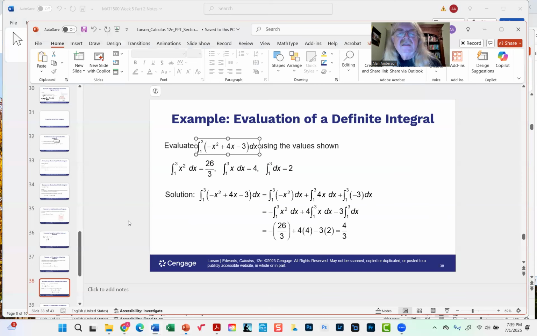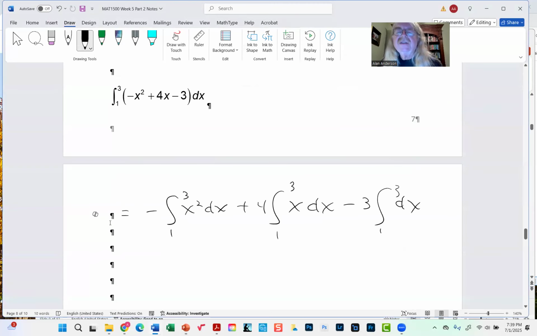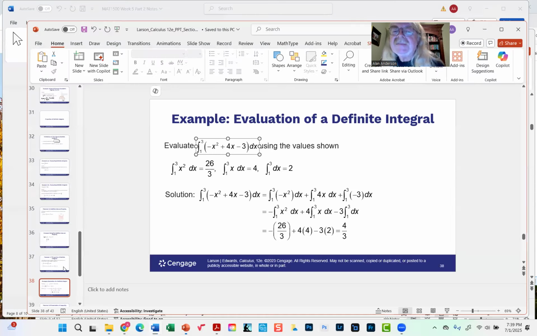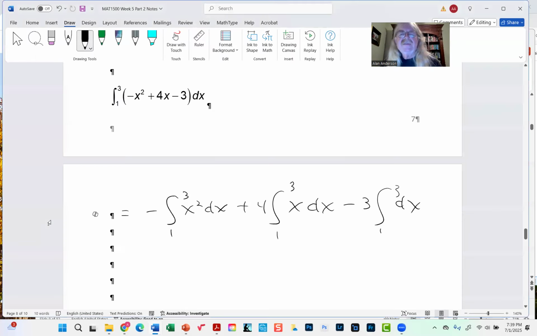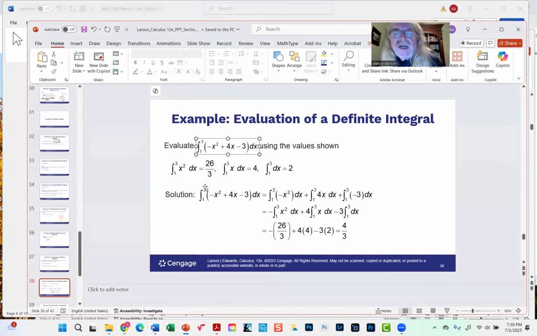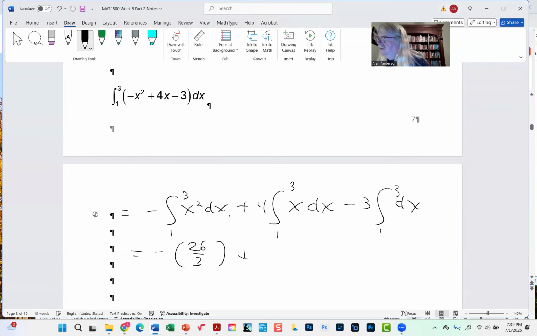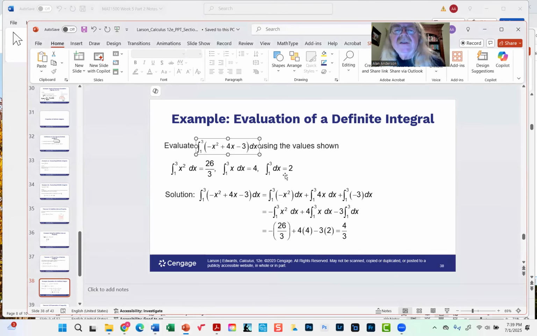And then, what they're doing here, they're not quite ready to show us how to actually solve for these definite integrals. So what they're doing instead is they're saying, here's the values in case you need them. So in other words, they're telling us that this is negative 26 thirds. This middle one is 4. And then at the end here, this last one is 2.